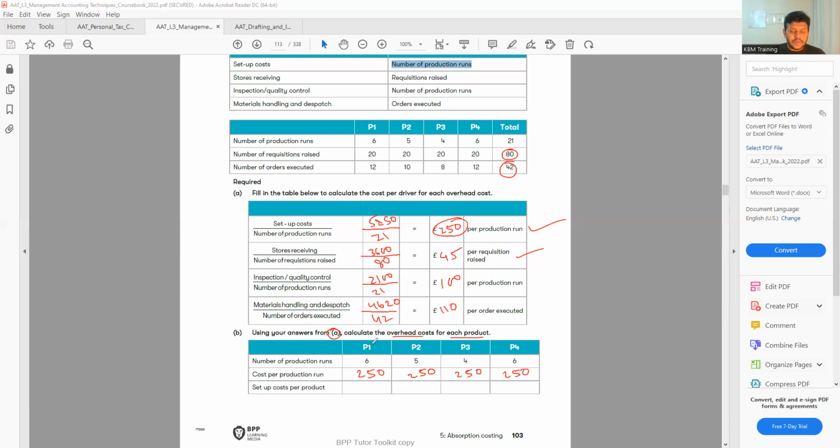Now in C, P1 needs 6 production runs, P2 needs 5 production runs, P3 needs 4 production runs, and P4 needs 6 production runs. So can we calculate that now? P1 will be 6 times 250, and that will give us 1500.